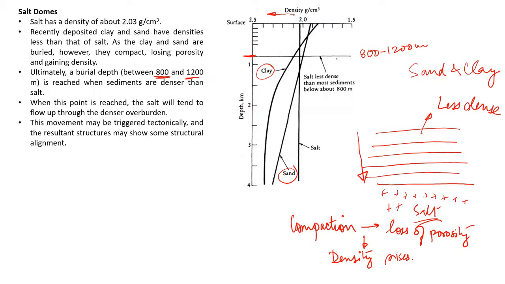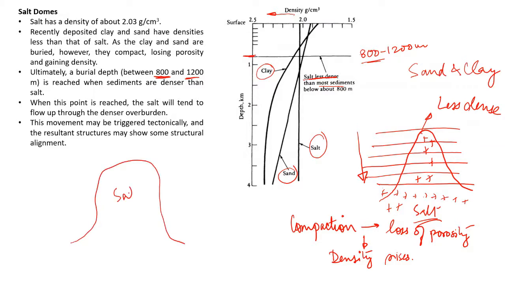So you can see that beyond this burial depth of 800 meters, the salt gets less dense than most sediments, and therefore now the salt becomes less dense. Once the salt becomes less dense, then the salt starts its movement upward. It pushes itself through, and once this happens, the salt diapir comes up.